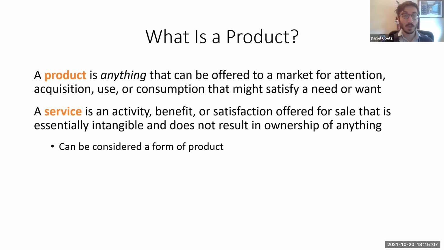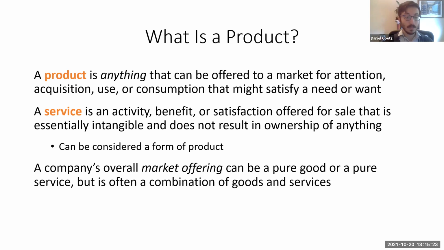So it's true that we can distinguish services from more specific kinds of products that are physical objects. But in this course, we're often going to talk about services as a kind of product with special features. A company's overall market offering can be a pure good, so a physical thing.